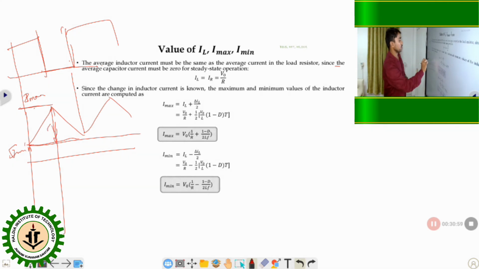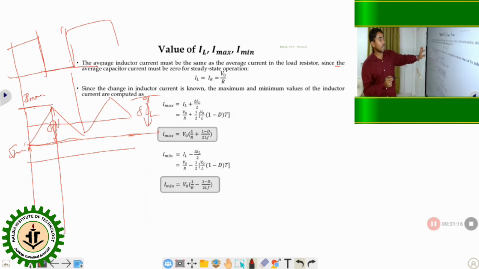Got it? So how do we calculate this I max? This I max is equal to IL, the load current or average current, plus, if the total deflection is del IL, then half of it, so del IL by 2. Clear? The total deflection is del IL, so half will be del IL by 2.